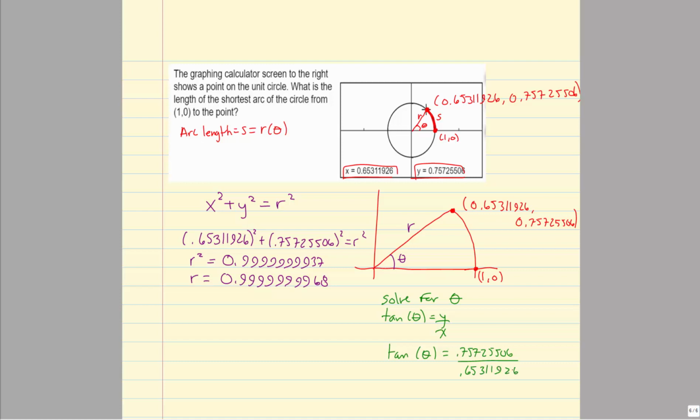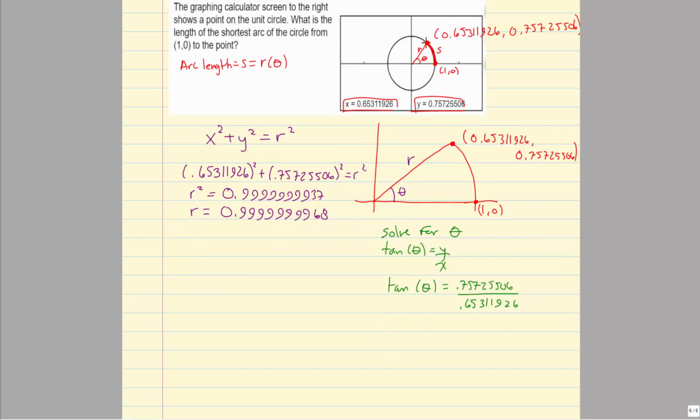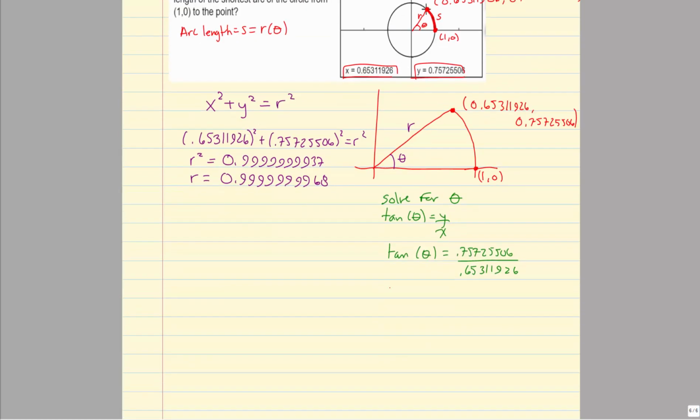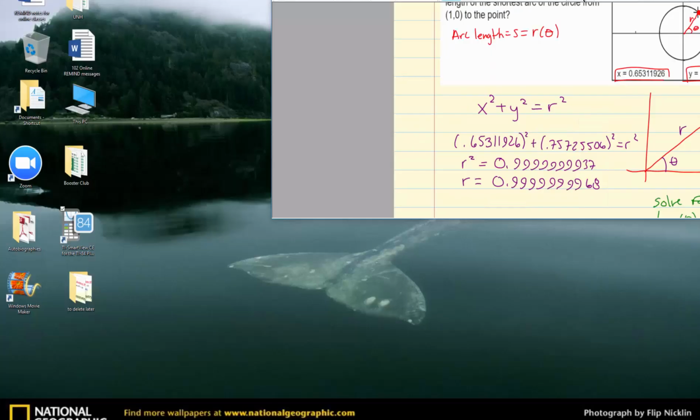So let's go ahead and divide that out. And then when we get done, I can say theta would be the inverse tangent of that. Now I don't want to round anything, as tempting as it would be to not have to write all these out, because once I start rounding, I'll start throwing off my answer. So let's go ahead and put this into the calculator.